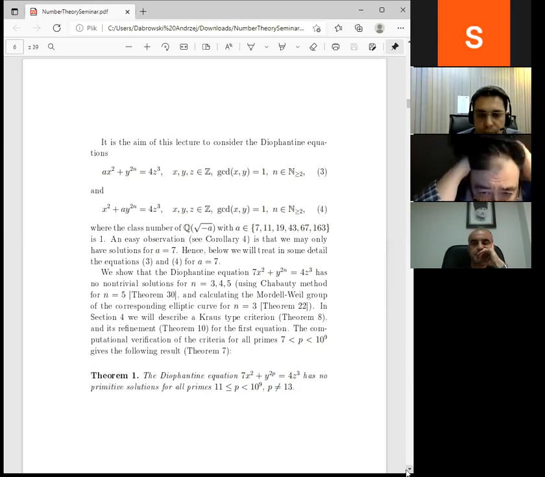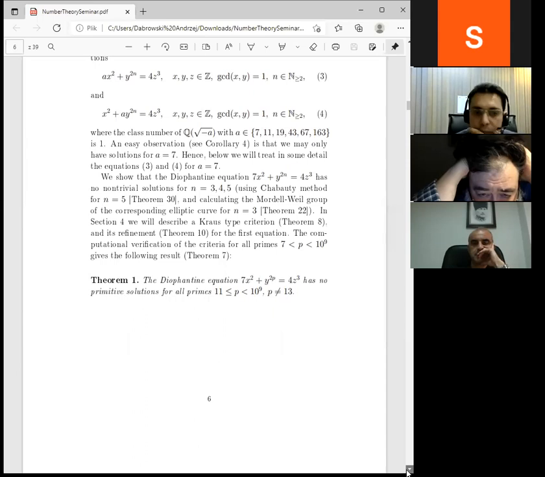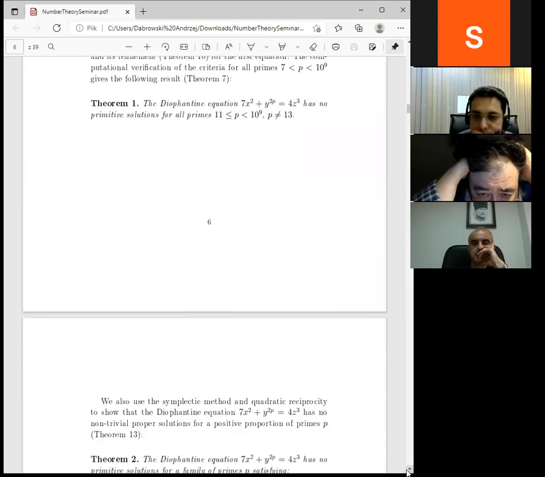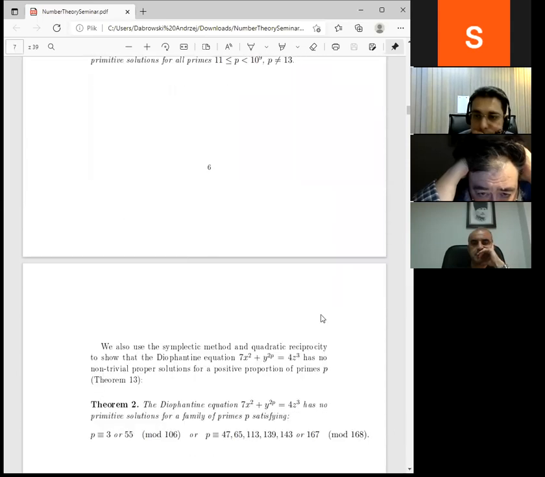Maybe it's unexpected, but the modular techniques at the moment were not able to exclude it. As for any exponent, we have the following result using the so-called symplectic method and quadratic reciprocity.